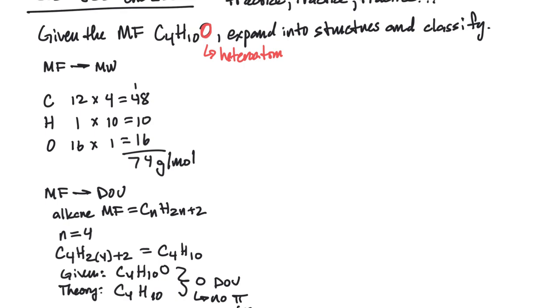So what is the information telling us? We have no degrees of unsaturation, and we have an oxygen heteroatom. The functional groups that we learned that contain oxygen with 0 degrees of unsaturation are alcohols and ethers.